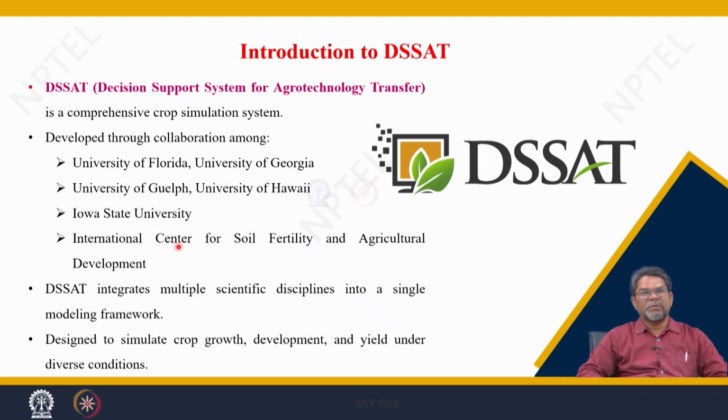We have discussed the scientific understanding goals in crop modeling and simulations. DSSAT particularly serves the engineering goals, not the development of the model but the application of this model or software for problem solving.